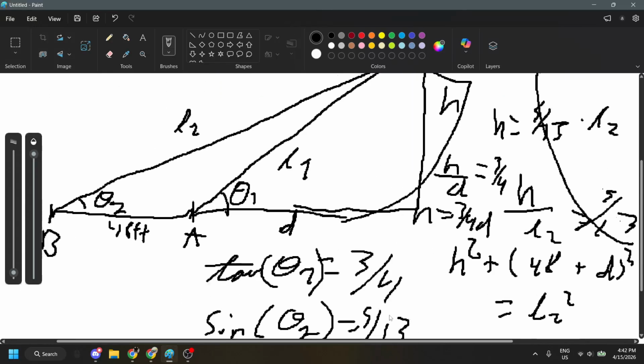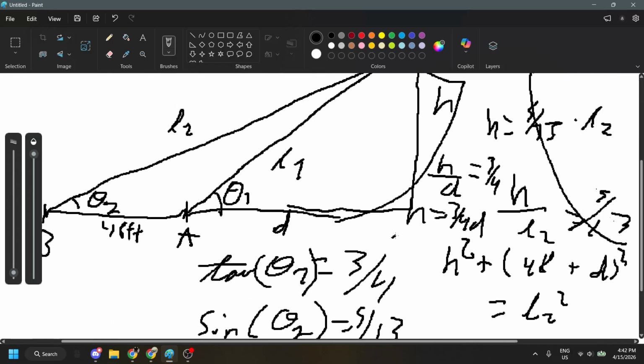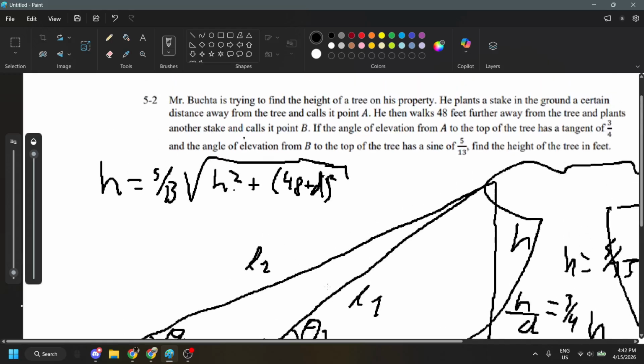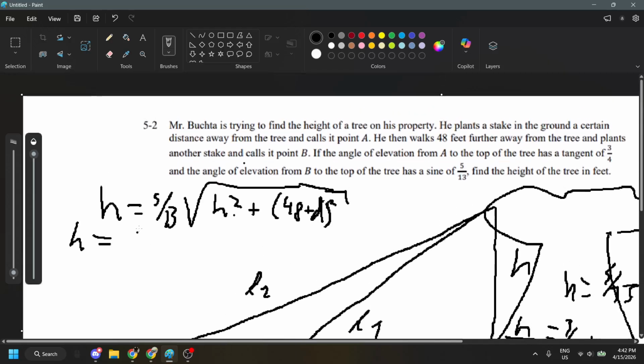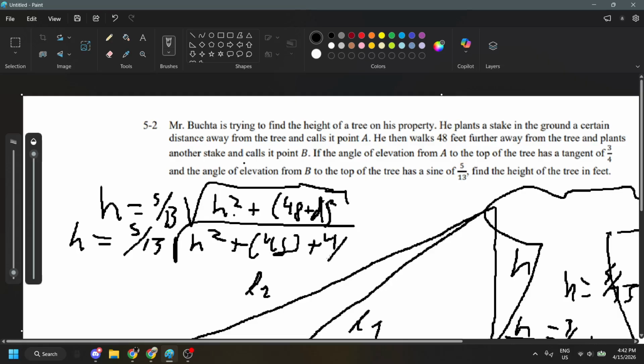So h is 3/4 d, or d is 4/3 h. So h is equal to 5/13 square root of h squared plus (48 plus 4/3 h) squared.